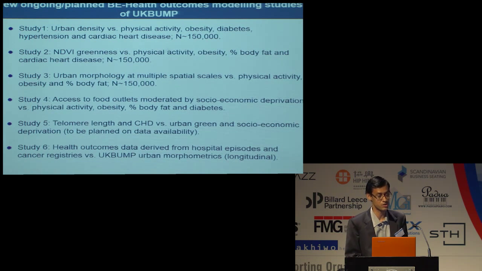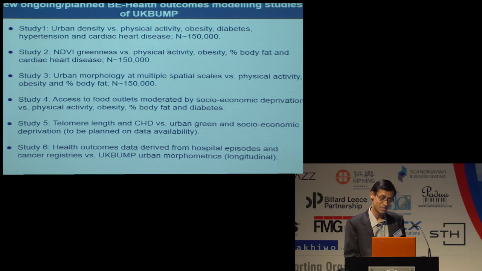Now, as of now, there are approximately half a dozen studies ongoing, and these include urban density versus physical activity, obesity, diabetes, and hypertension for 150,000 individuals, and NDVI greenness versus physical activity, obesity, percentage body fat, and CHD. Similarly, urban morphology at multiple spatial scales versus physical activity, obesity, and percentage body fat, and access to food outlets, how they are moderated by socioeconomic deprivation, versus their associations with physical activity, obesity, percentage body fat and diabetes.